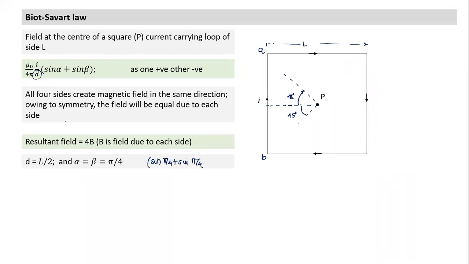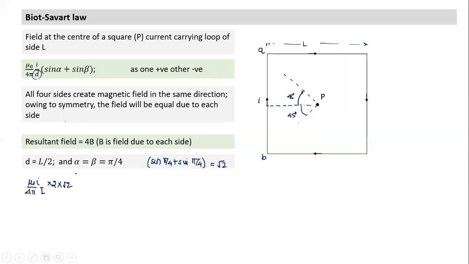So pretty simple, this will be equal to 1 by root 2 plus 1 by root 2, which is root 2. So if I substitute, what is my final value? Mu naught I by 4 pi, and in the denominator we substitute L by 2, so this 2 goes in the numerator, and this root 2 also comes here. So no need to remember the formula.